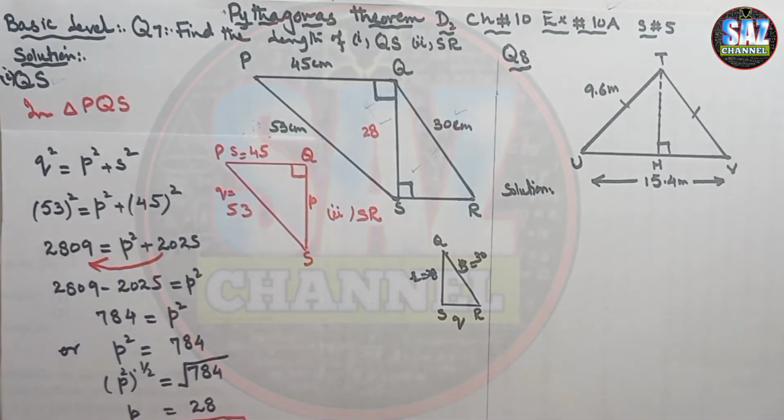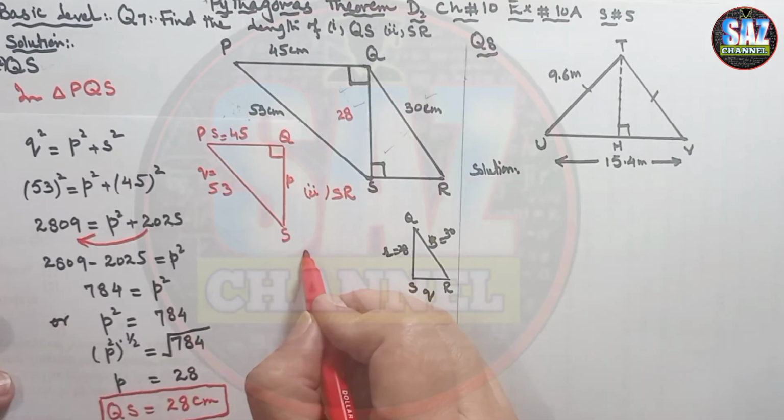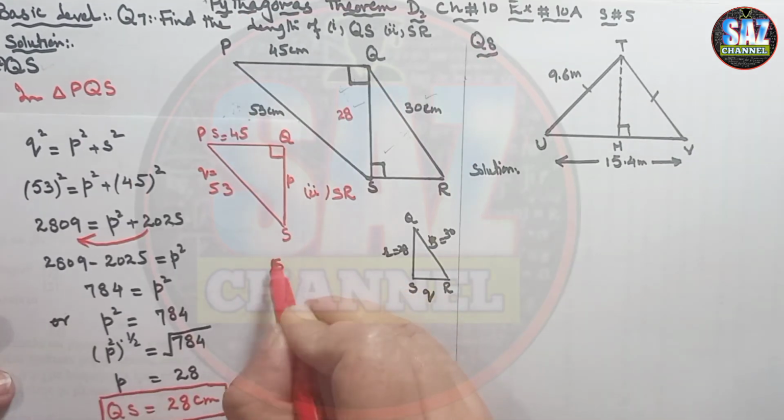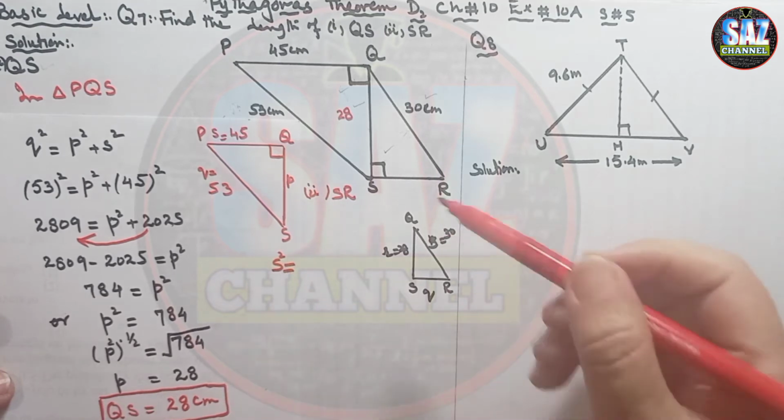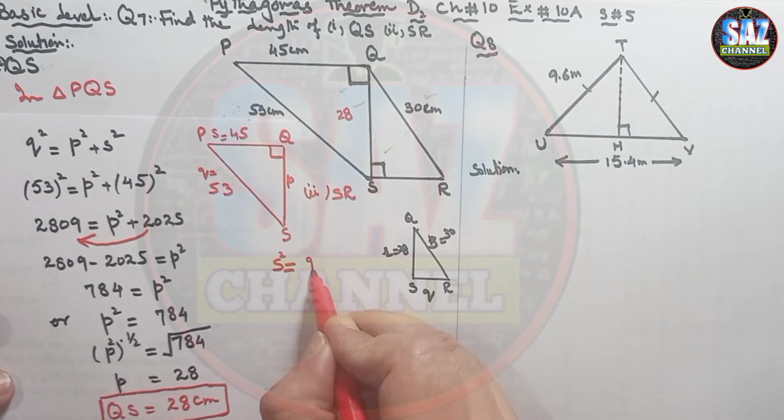So what we have to do is write the Pythagorean equation according to the need: S square equals Q square plus R square.